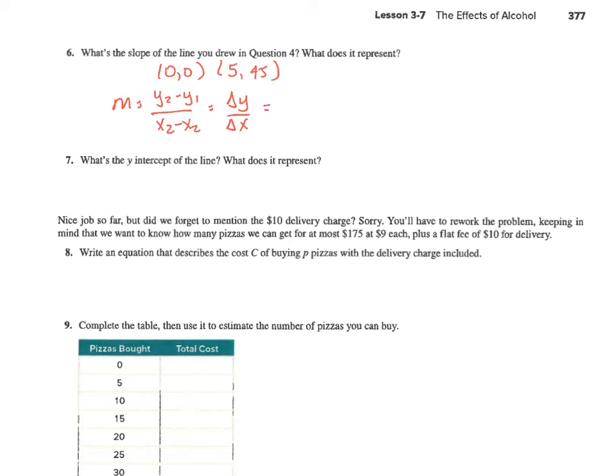It's up to you, whichever formula you like. So 45 minus 0 divided by 5 minus 0 gives me 45 divided by 5, which is 9. And I think we could figure out that each pizza costs $9. So yes, it's the price per pizza.